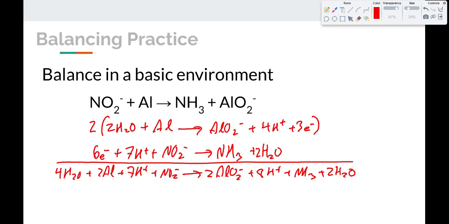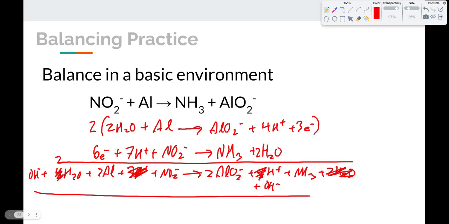And I can take some H2O off both sides, and I can take 7H plus from both sides. This is in a basic environment, so now I have to make my adjustment. I have 1H plus on the right-hand side, so I'm going to add an OH minus. I have to do that over here too. I'll add OH minus there.